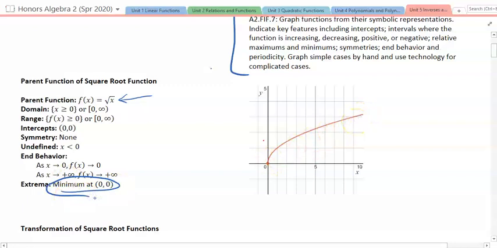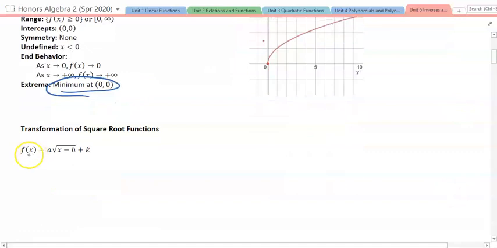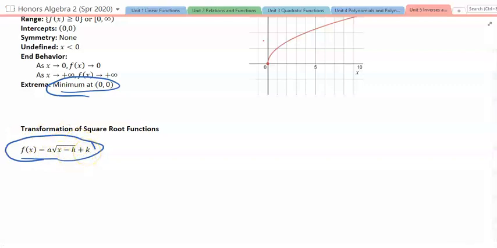Now, this is where, again, chapter 2 comes back into play very big, the transformations of square root functions. So the general form of a square root function is a times the square root of x minus h plus k. And so some of those letters look familiar, right? This a in front, remember that's the amplitude or our dilation.